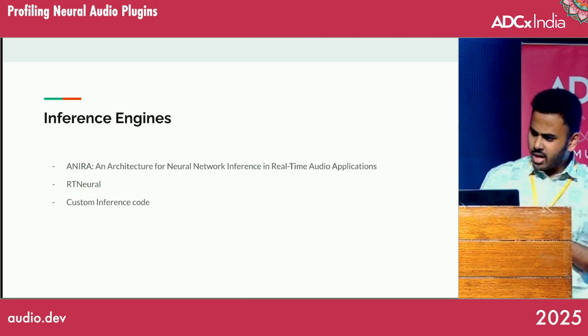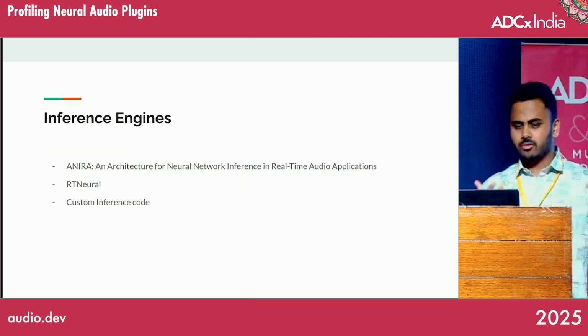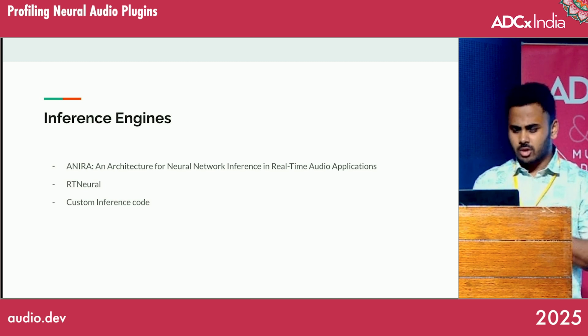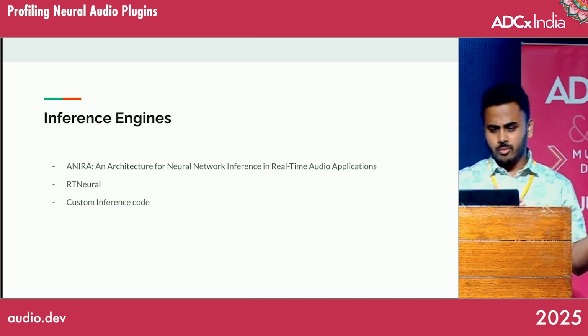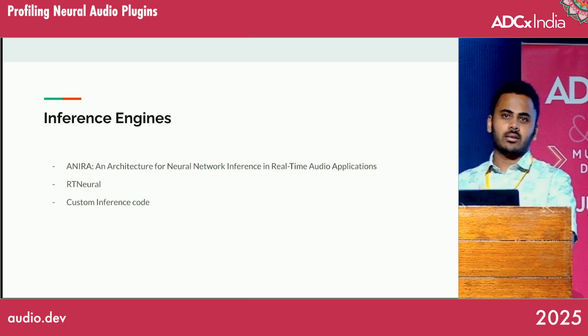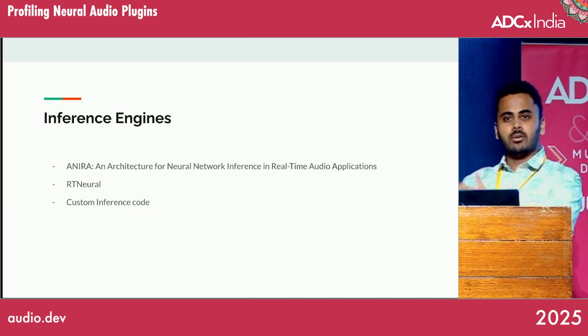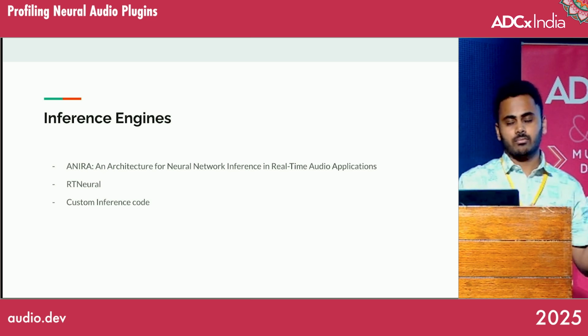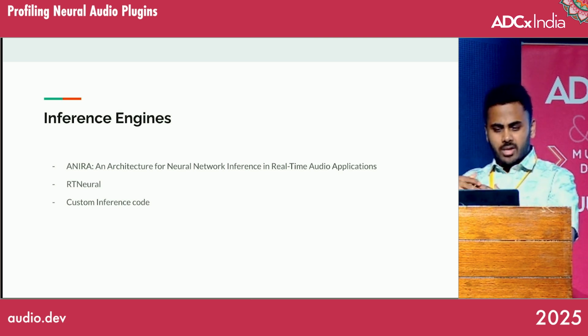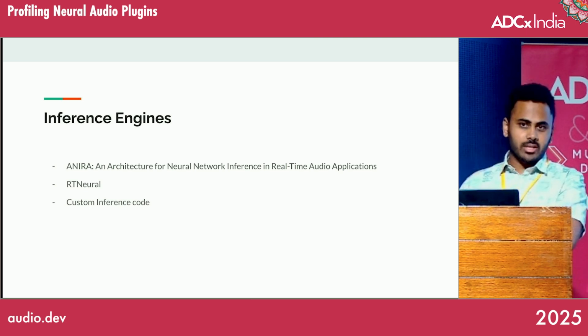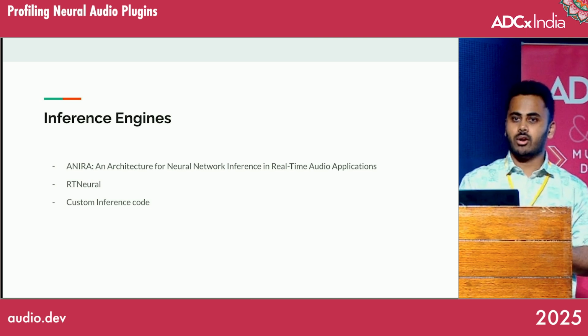Finally, you have different types of inference engines available right now. The main one, Anira, is a pretty new one. I think it came a few months back. The advantage with that is that you could use different backends, like ONNX Runtime or libtorch. It works on a separate thread; it doesn't run on the audio thread.